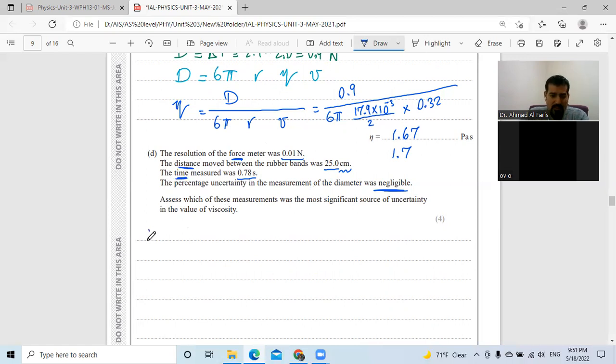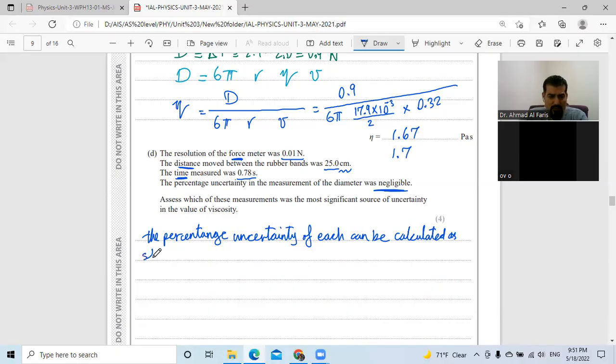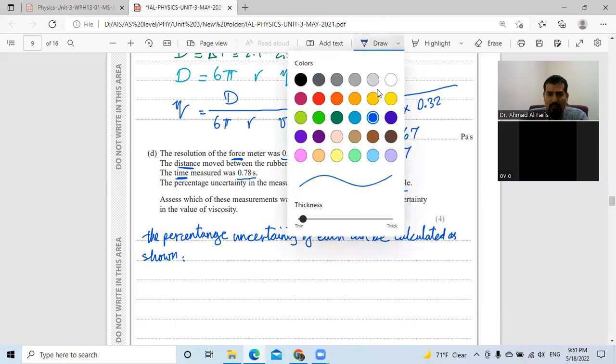So the percentage uncertainty of each can be calculated as shown. Okay, let's start with the force.